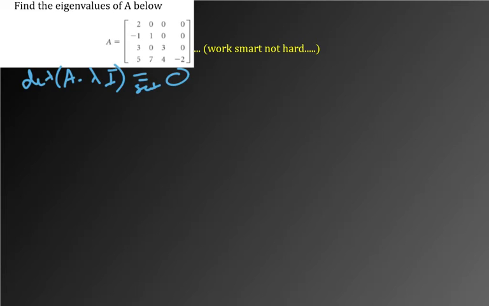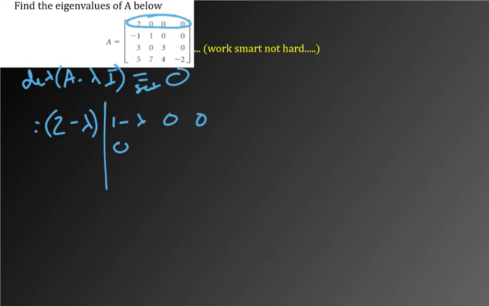If you expand along, just any row or column in here, you could do either the first row or last column, you would literally have 2 minus lambda, times the determinant of 1 minus lambda, then 0, 0, 0, 3 minus lambda, and then 1, 0, 0, 0, and then 7 for negative 2 minus lambda.